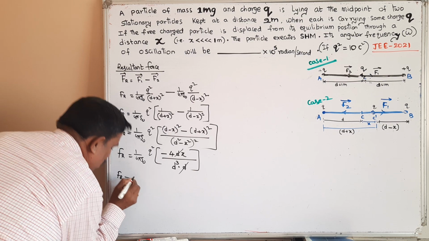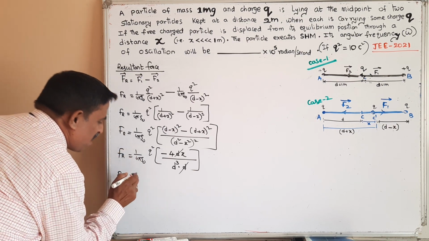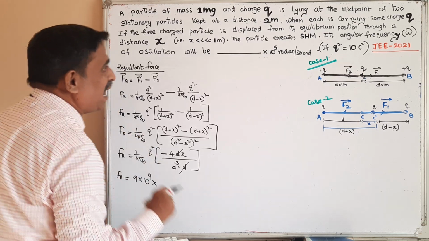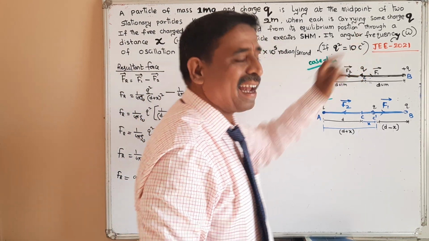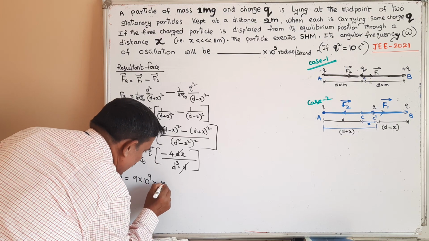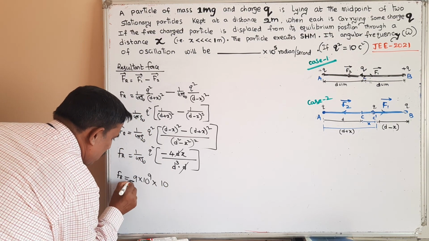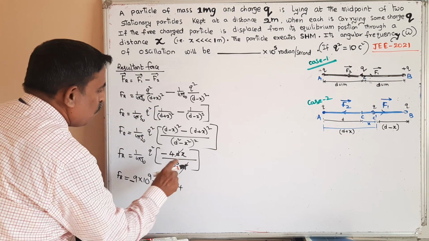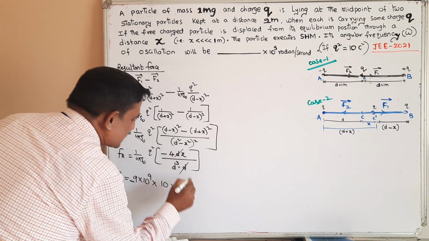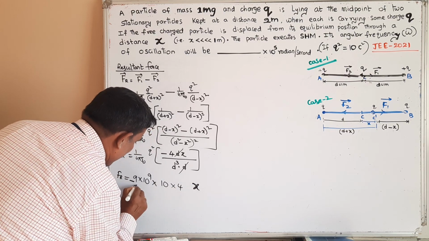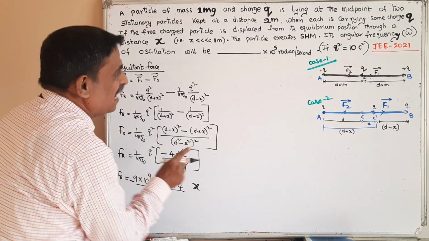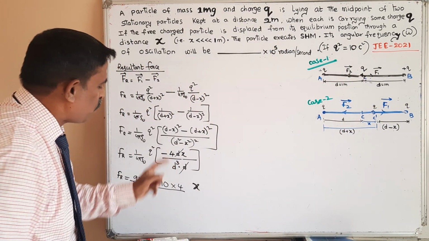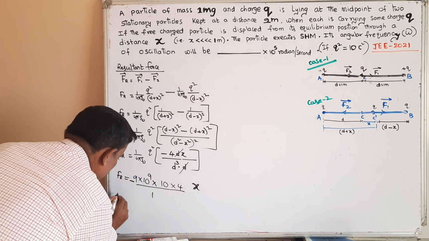Resultant force is equal to 1 by 4 pi epsilon naught, which is 9 into 10 power 9, times q square. Q square value is 10 power minus 12, minus 4 x divided by d cube, where d is given as 1 meter, so d cube means 1.